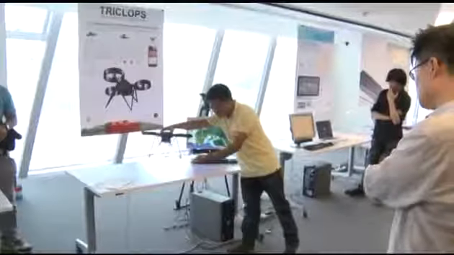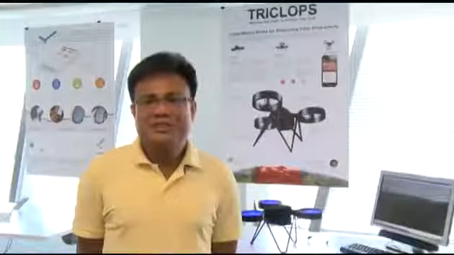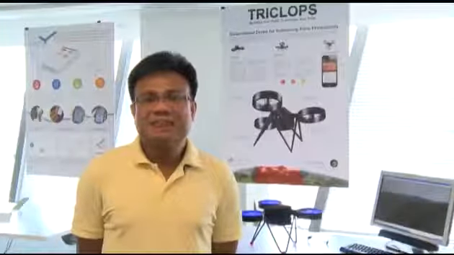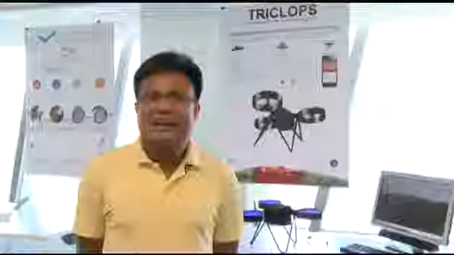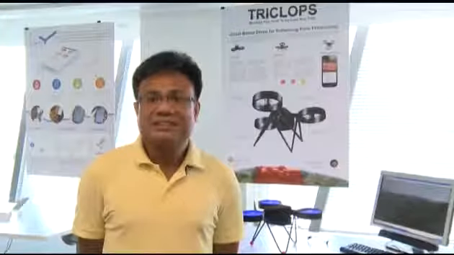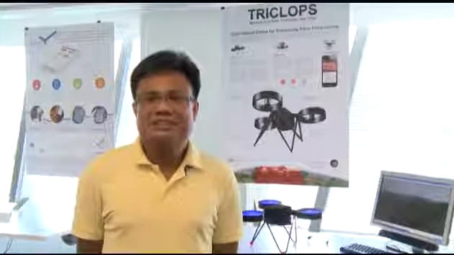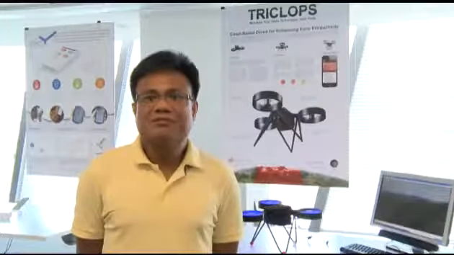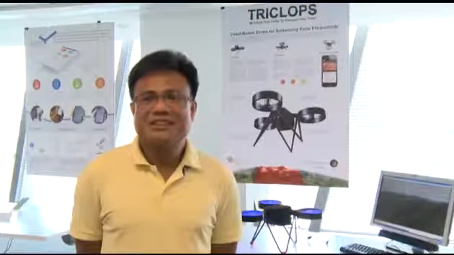It provides a different way of looking at the field from the top view, because pathogens can be identified with infrared, and also the infrared camera can identify the nutrients found in the soil. So these features of the Triclops are very helpful for the farmers to become proactive rather than reactive with the situation.